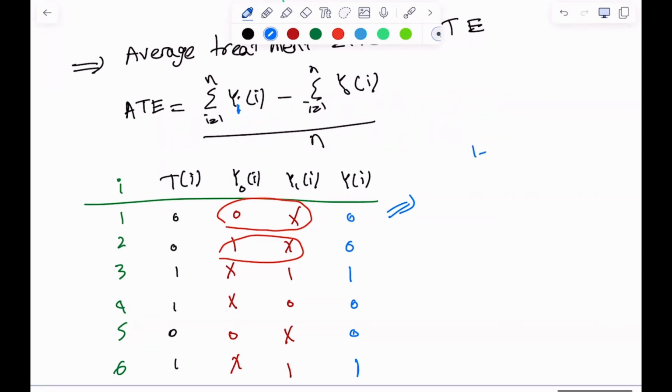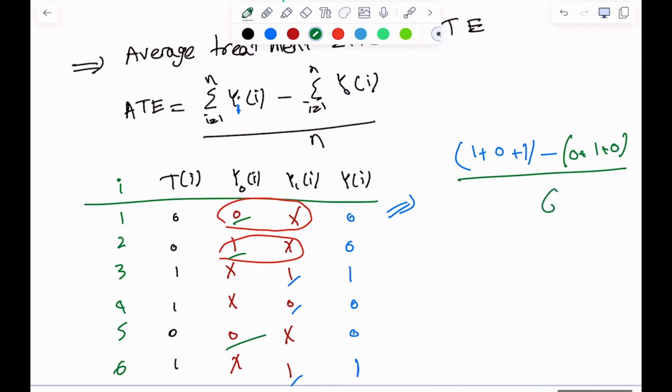I have 1 plus 0, this one, I'm adding this one, and this one, plus 1, minus the sum for the Y0 one, I'm adding this one, and this one: 0 plus 1 plus 0. And then I divide it by 6. So the answer is going to be 1 over 6.